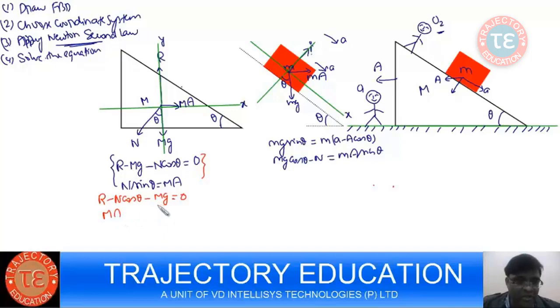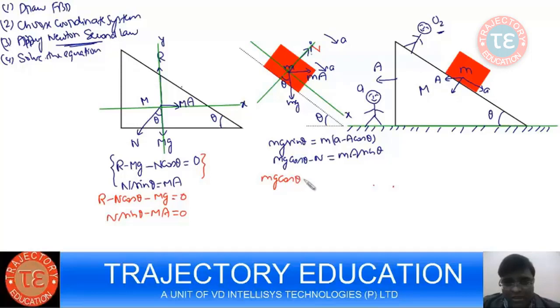That is, there is no acceleration towards left. So N sin theta minus ma is 0. For the block, here you don't have acceleration in the y direction.